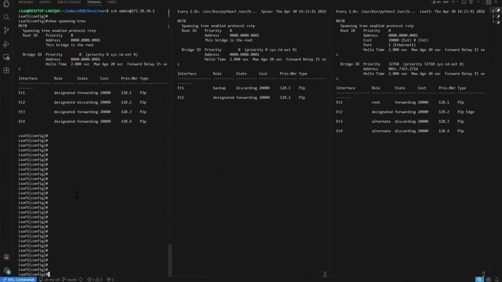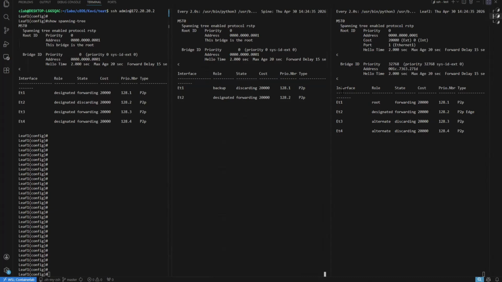Now, if you see closely, I have configured the spine as the super root as well as leaf one as the super root. Now I have two roots, two root bridges in the same instance. And if you look at the spine, at the interface ET1, which is directly connected to leaf one, it's backup and it's discarding.